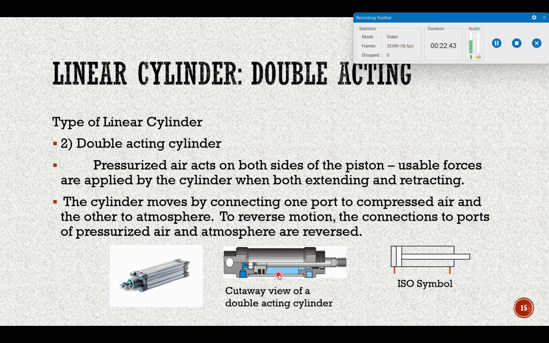In this case, you can actually control the position of the piston, so it doesn't have to be fully extended or fully retracted. It could be somewhere in the middle. We could even control the speed as well by varying the pressures on those two ports.